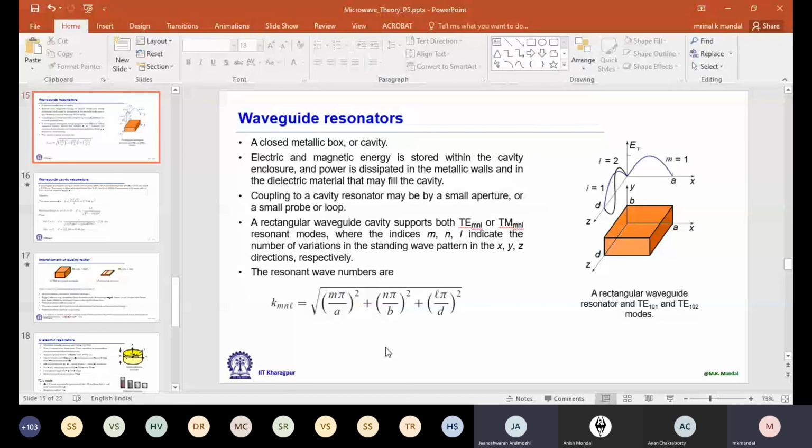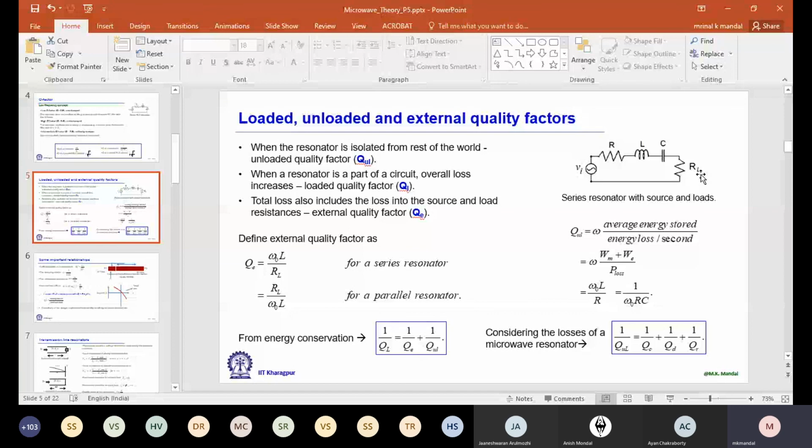Sir, you had given the example to find external quality factor using S11 angle. But in the slides which you told us first, you wrote the external quality factor for a series resonator as omega L by RL, load resistance. So how is it related? Yeah, what is external quality factor? Definition: how much power this resonator is losing into your external circuit.